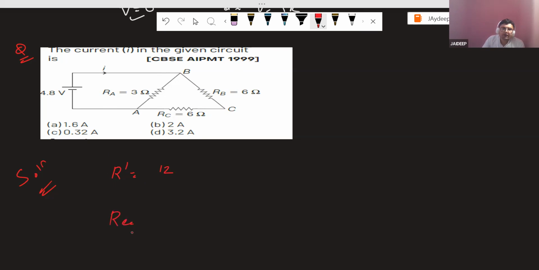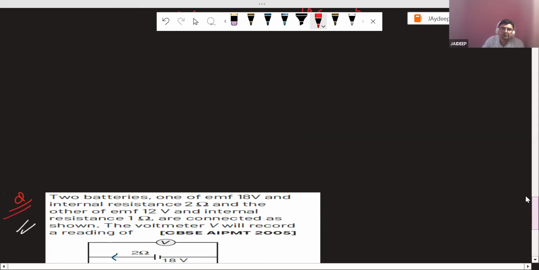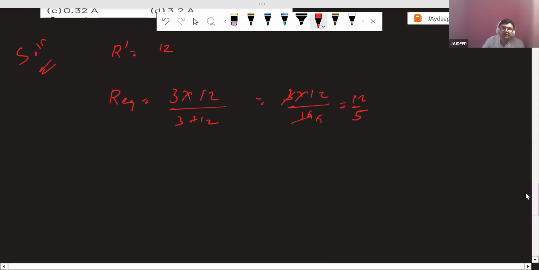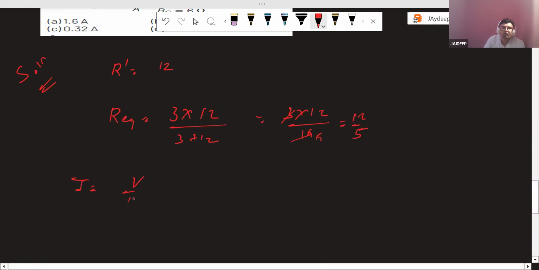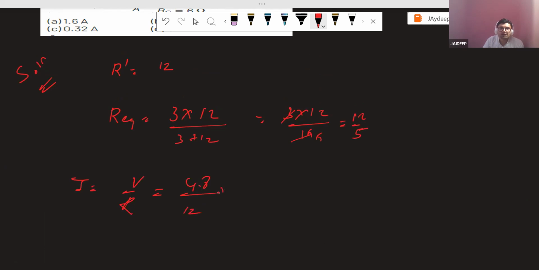Then R equivalent equals 3 into 12 over 3 plus 12, that is 3 into 12 over 15, which is 12 over 5, the equivalent resistance. Now current is V over R. What is V? 4.8 over R.